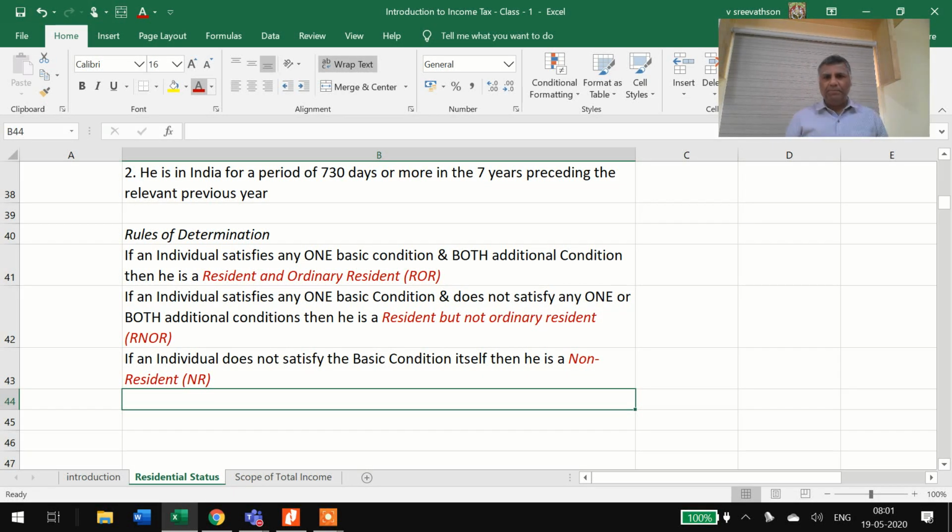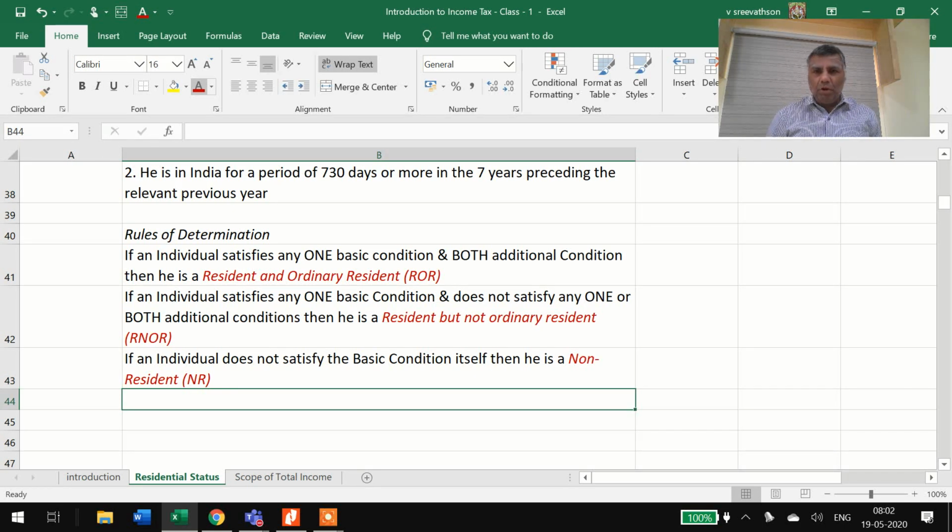Yes, friends. So coming back, two basic conditions, two additional conditions, totally four together. The two basic conditions are 182 days or more, or 60 plus 365 in 4 years.